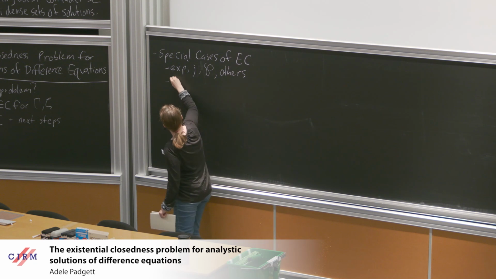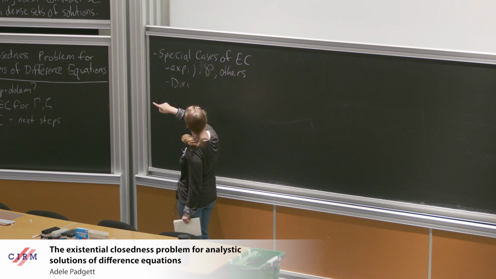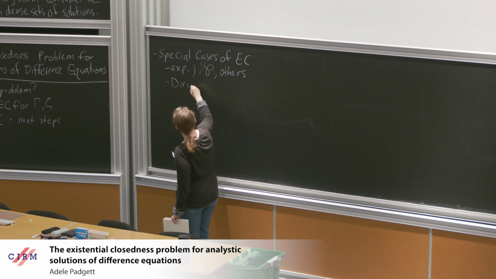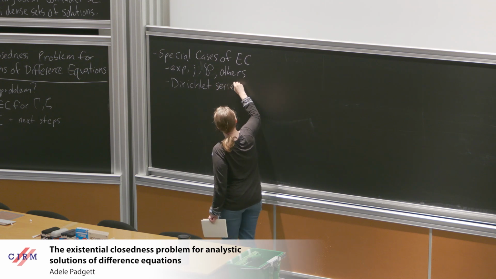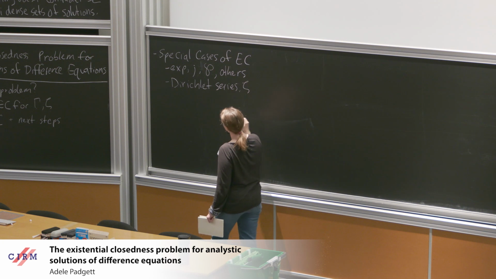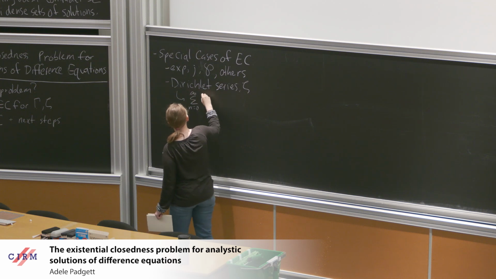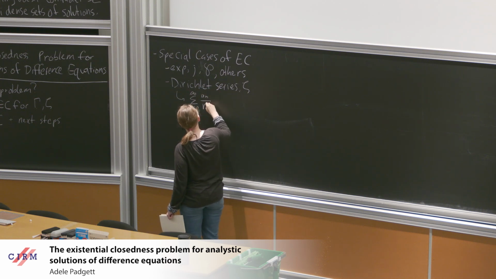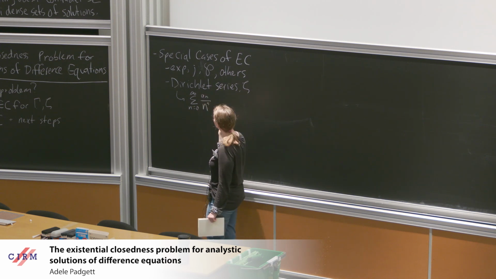So recently there was a special case of this problem solved for Dirichlet series, which include the zeta function. So Dirichlet series, these are sums of the form like this, as functions of s. And zeta is where all these a_n, these coefficients, are just 1.